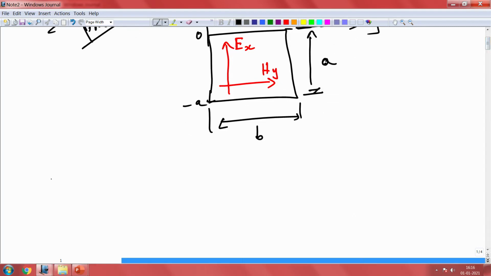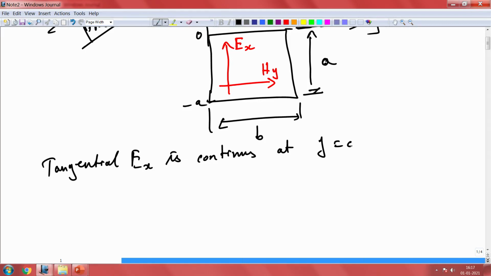We should make sure that the tangential field Ex is continuous at y equals 0 and y equals b. Okay. So, we should make sure that this happens.